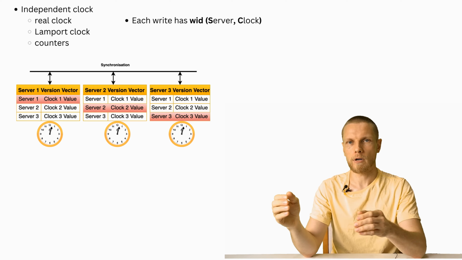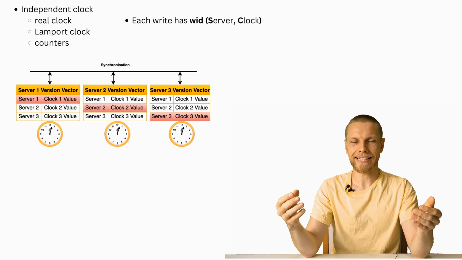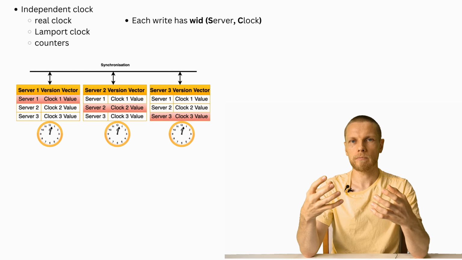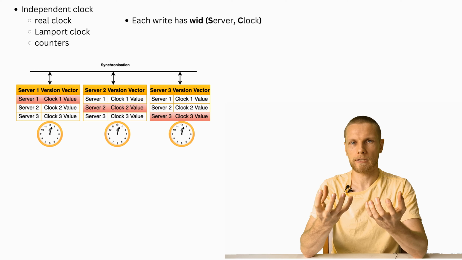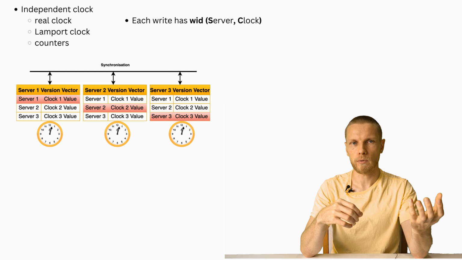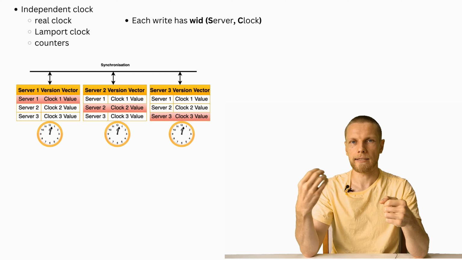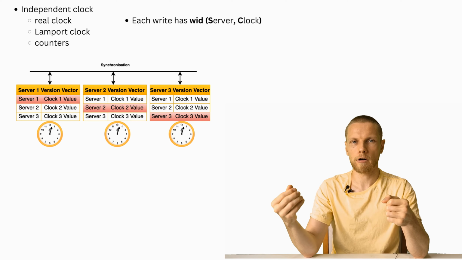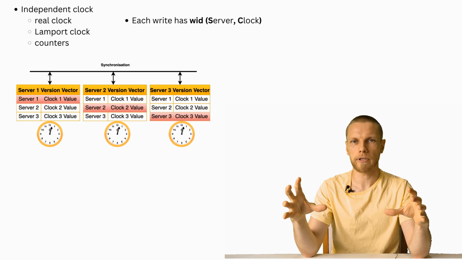Each write will also have a unique write ID, but this time this write ID will contain two parts. First part is a unique ID of the server where the write was made, and the second part is the clock value of that server at the moment of the write.